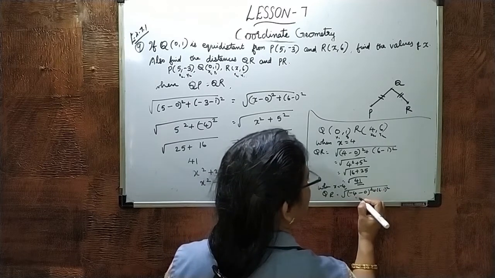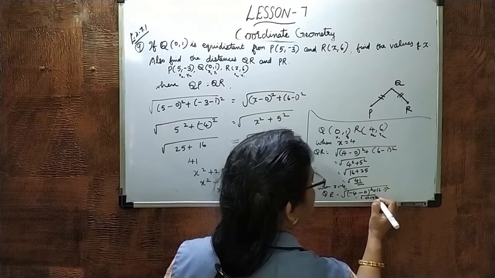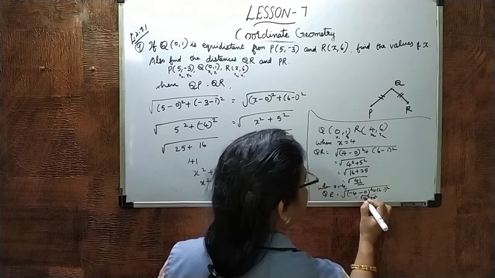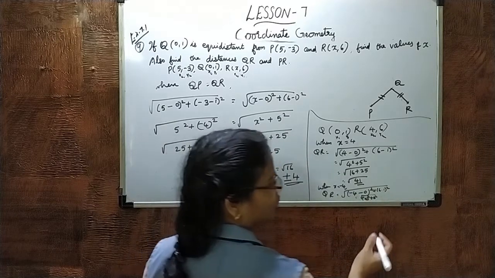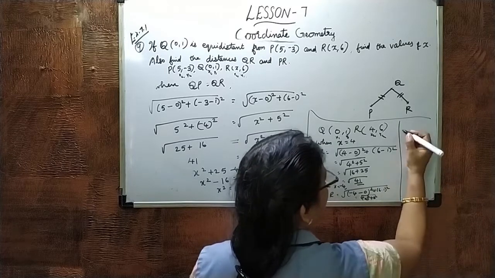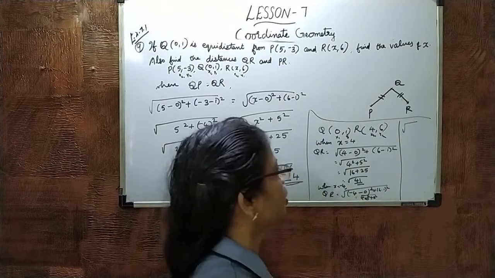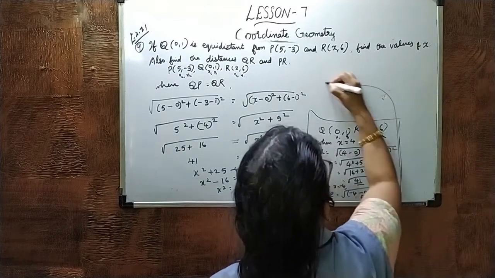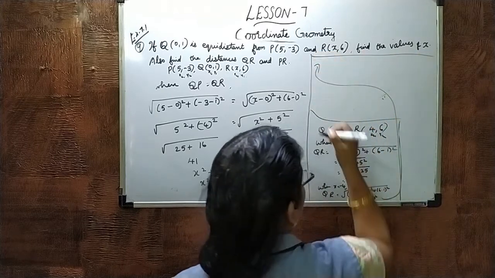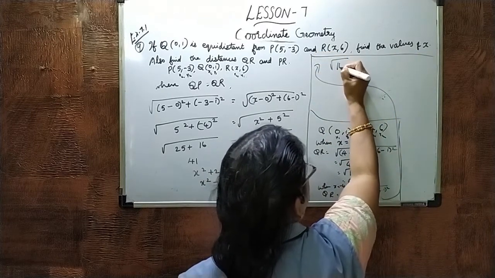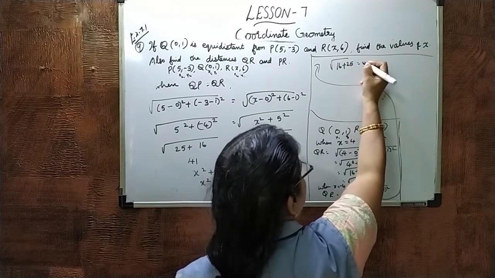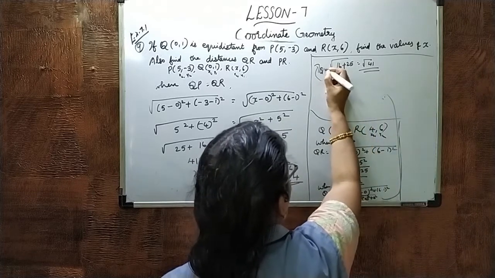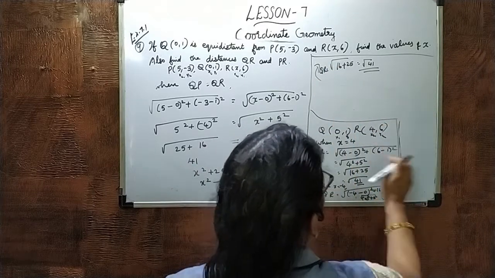Same thing, it will be root of 4 square plus 5 square. -4 square, right? So here will be root 16 plus 25, same answer you will get, root 41. So QR equals root 41 you got.